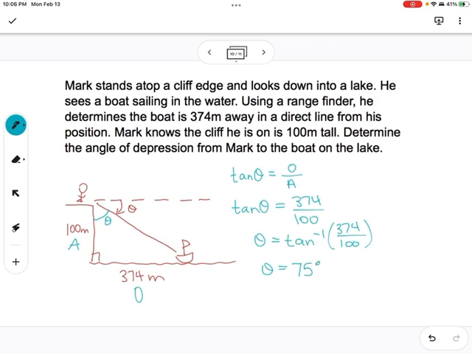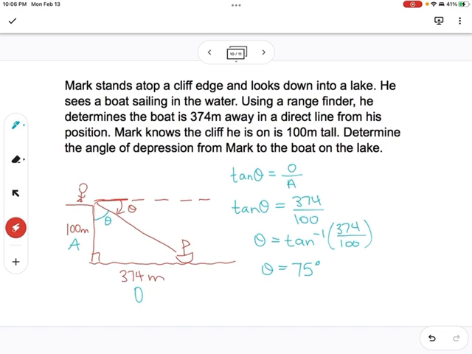Okay, so we found theta here, but we have not found our angle of depression because that is going from a horizontal down. So what do we notice about these two angles here? What do they create? They create a 90-degree angle.